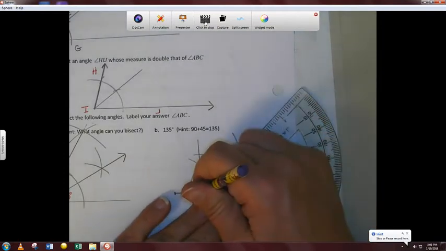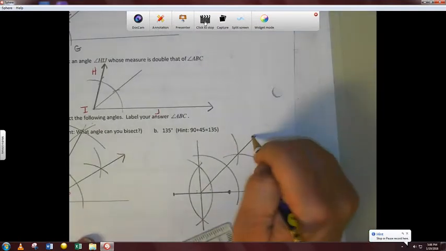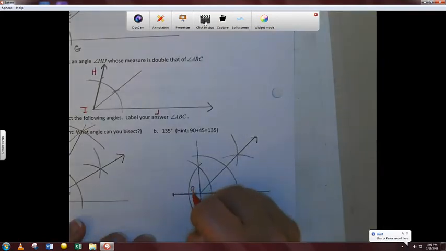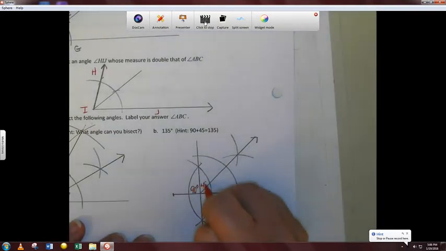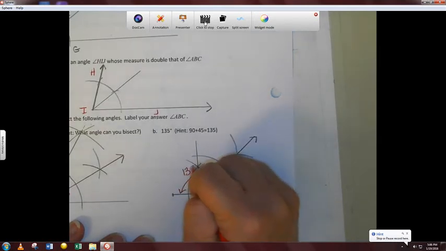And then I will connect the vertex to the intersection point. And so now the angles I have, this angle is 90, this is 45, and this is 45. So that makes this angle right here 135 degrees.